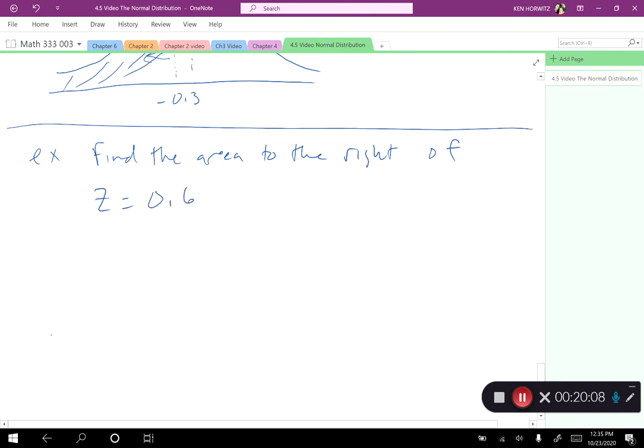So again, I'm going to draw this out very quickly. I definitely recommend throughout the next couple of sections making these very, very quick graphs because they can be really helpful. So there's 0, there is 0.6. So I'm a little to the right of my 0, and I'm looking for area to the right. So I'm looking for the area here.